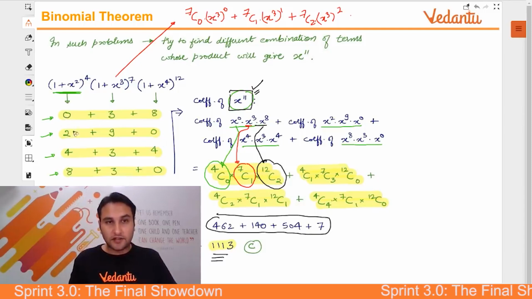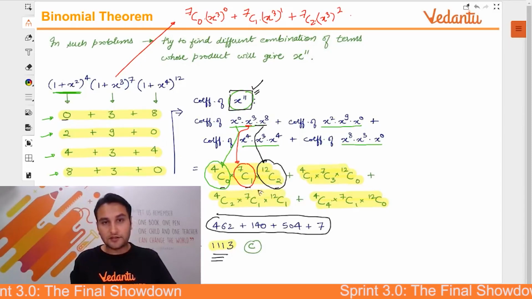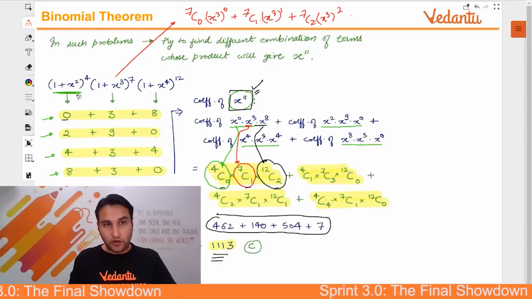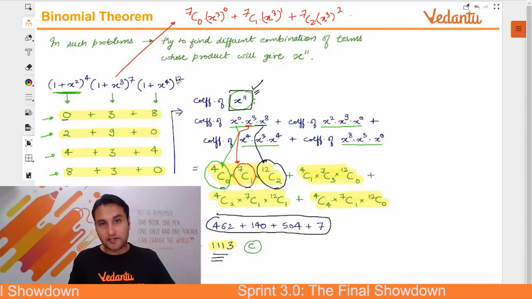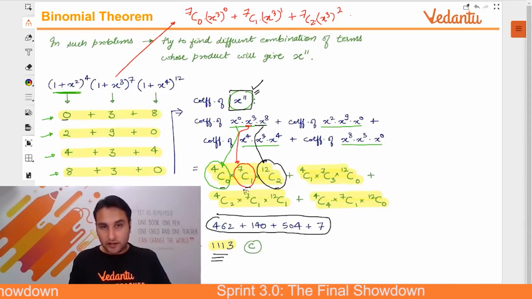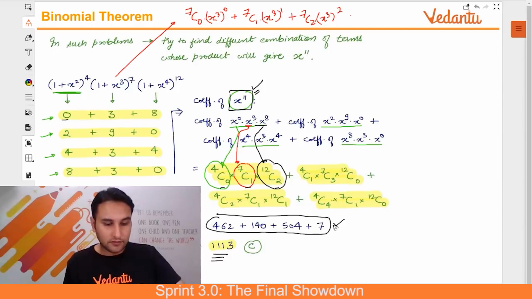Once you have done that, write down the corresponding coefficients. Here, x to the power 0 will come from what? From 4c0. x to the power 3 from 7c1. x to the power 8 from 12c2. That's it. Write it, and similarly write this, this, this, and add them. That is your answer. Cool?